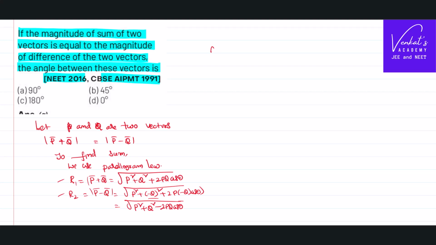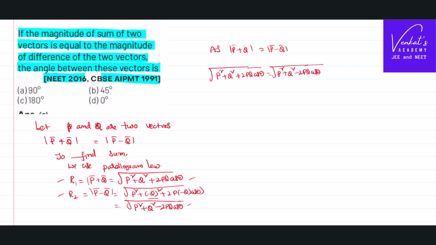So as it is given that the magnitude of P bar plus Q bar equals the magnitude of P bar minus Q bar, let's equate both of them. That is, root of P square plus Q square plus 2PQ cos theta equals root of P square plus Q square minus 2PQ cos theta.